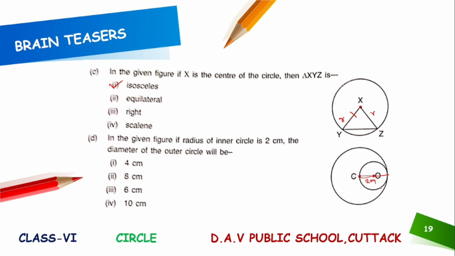And the inner diameter of the circle is the outer radius of the circle, yes or no? Now the outer diameter equal to 4 plus 4, that is 8 centimeter. So answer is 8 centimeter. Understand? Means this one is 2, this also 2 because radii are equal. 2 to 4 means big radius is 4. So diameter how much? 8 centimeter.